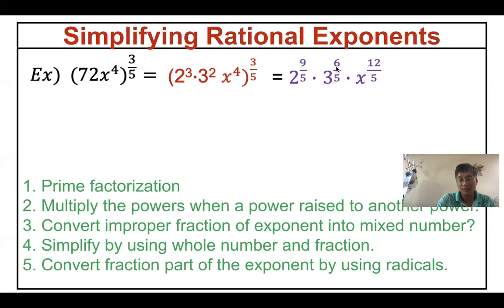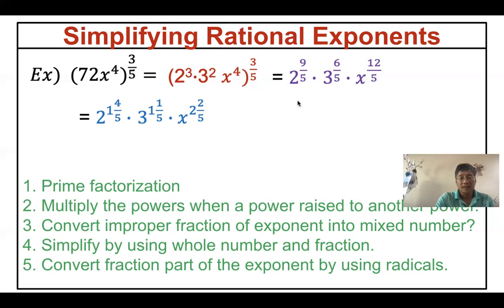This one is 1 and 1/5. And how many 5s in 12? 5 times 2 is 10, right? So 2. And what is the leftover? The remainder is 2. So 2 and 2/5. That way you need to convert the improper fraction into a mixed number.